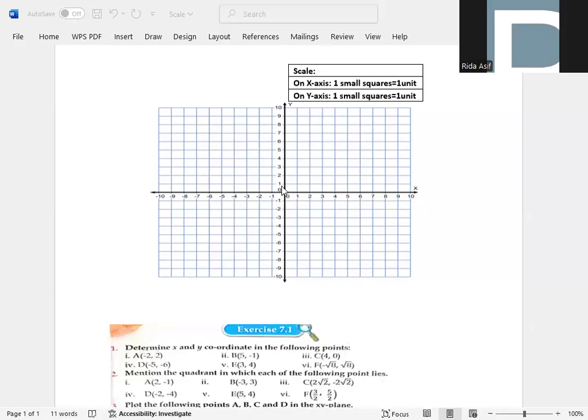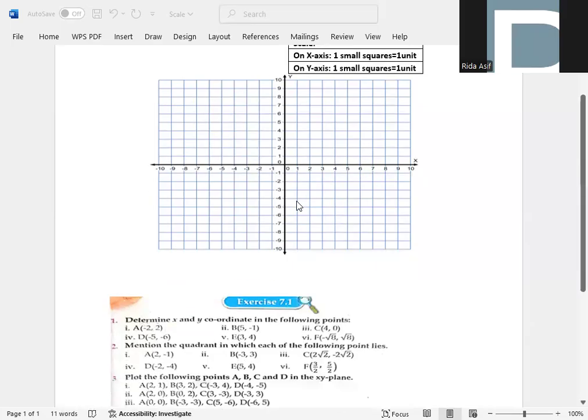Again on y-axis we have taken one small square equal to 1 unit, right? So after representing our scale and mentioning x-axis and y-axis in a proper way, we can solve question number 2 on your graph paper to show you where these points will be.